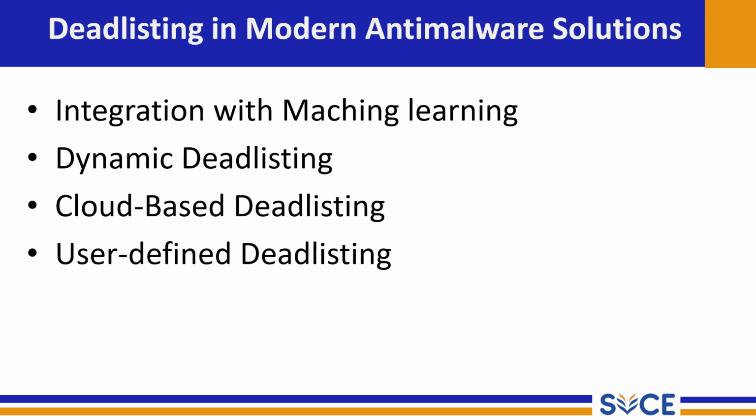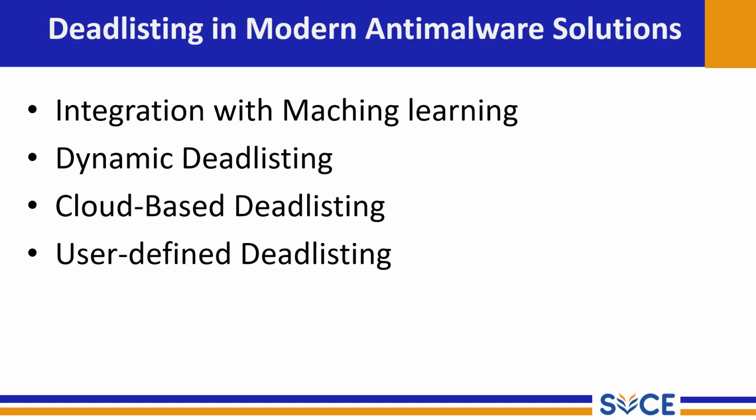And next, we have cloud-based deadlisting. Cloud-based anti-malware solutions can leverage threat intelligence from a global network of sensors to identify and deadlist common known safe items. This can improve the accuracy and efficiency of deadlisting.